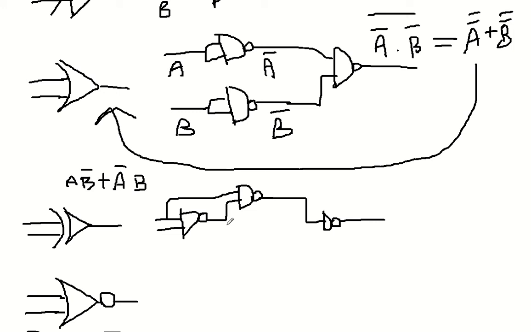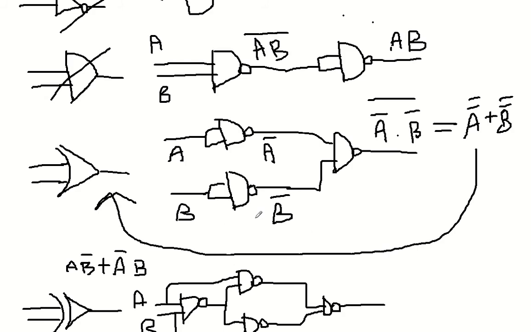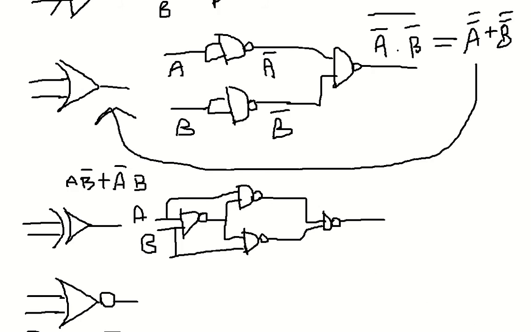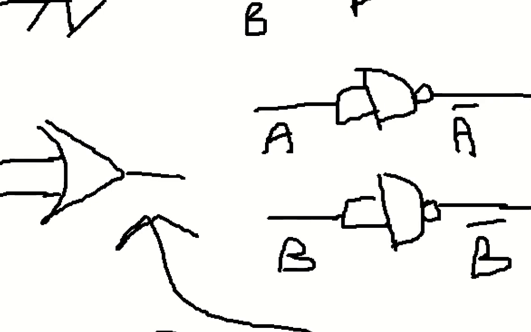So you can take another one here. Here you have, let's say, A, and here you have B input. Okay, so A and B. So how is this working? In order to understand this, let me zoom in a bit and show you how this is working.